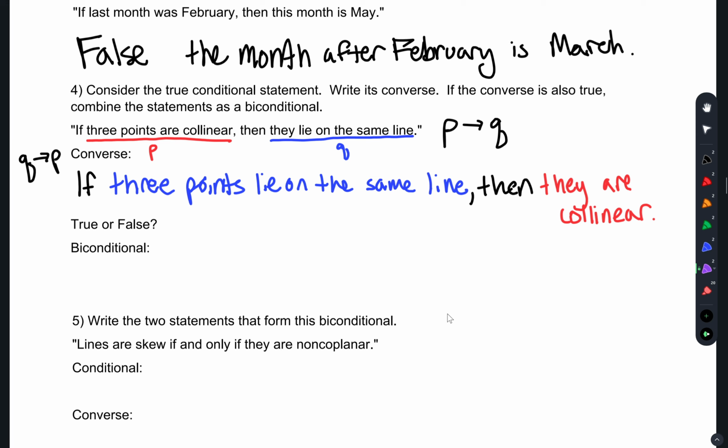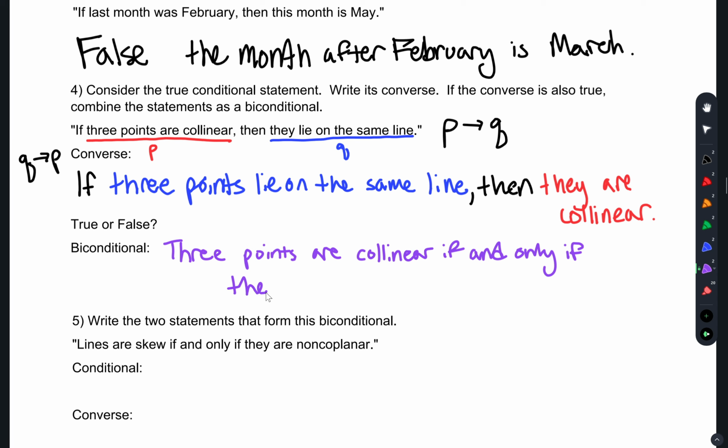We're not going to use if-then anymore. We're just going to have the statements, and then in the middle, if and only if. Gabby. We're going to put the if and only if in the middle. So we're going to try: 3 points are collinear if and only if they lie on the same line.